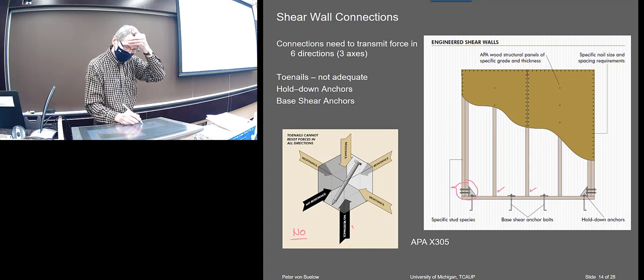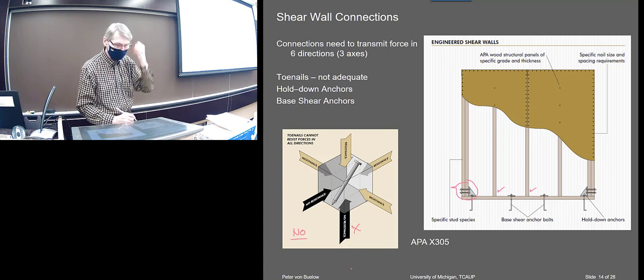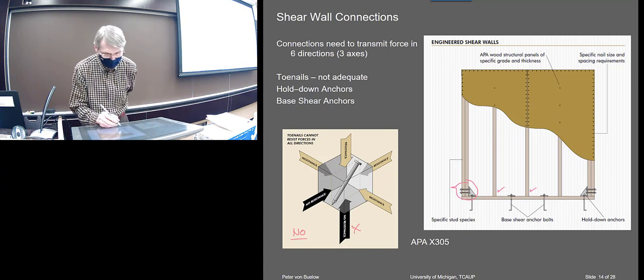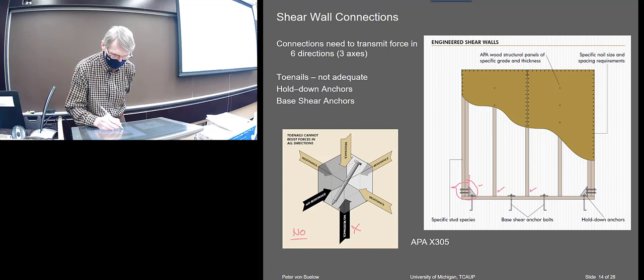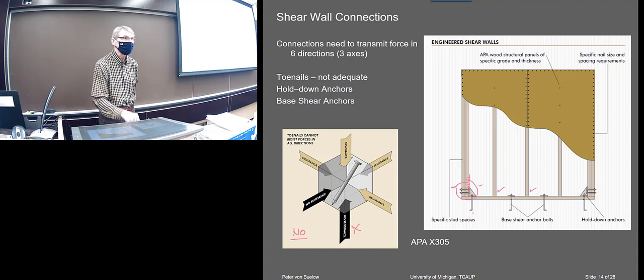So that would be a problem. The toenail wouldn't hold that. So that's why you've got to have these special brackets. They show them as little angles, but usually they go quite a bit higher than that because they've got to develop the strength in the connection, which usually takes a lot of screws or nails going up to get that strength.